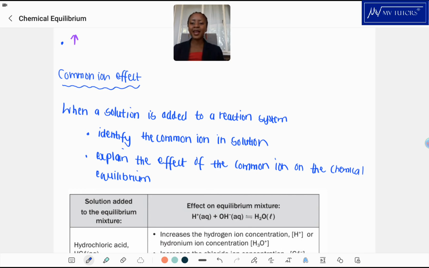We'll look at examples as we go through. But if you already have a reaction that contains chloride ions, maybe you have sodium chloride, for example, and then you add hydrochloric acid, you would see that the common ion there is actually the chloride ion.